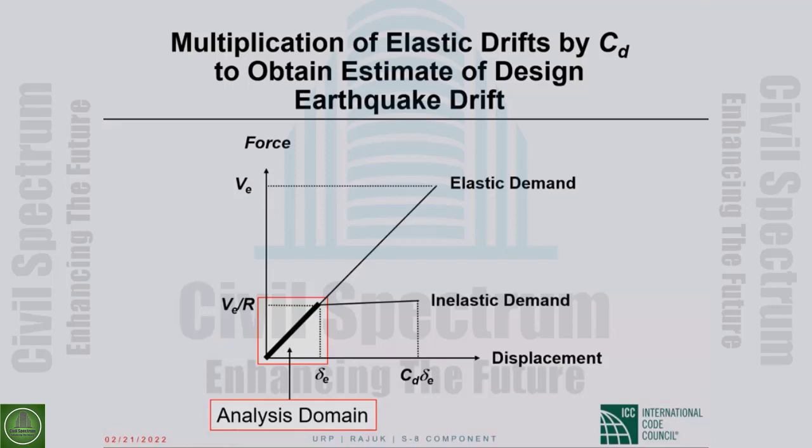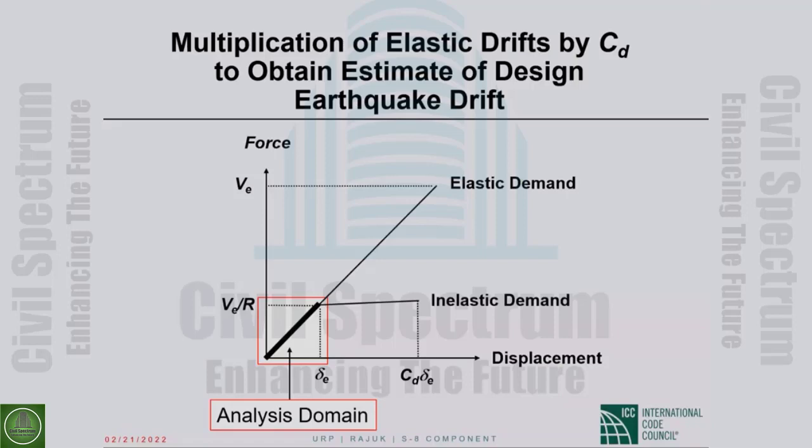Now, as mentioned previously, delta sub E would be much smaller than the displacements the structure will actually see if the design earthquake were to hit, because delta sub E is being calculated under the reduced forces, V sub E over R.